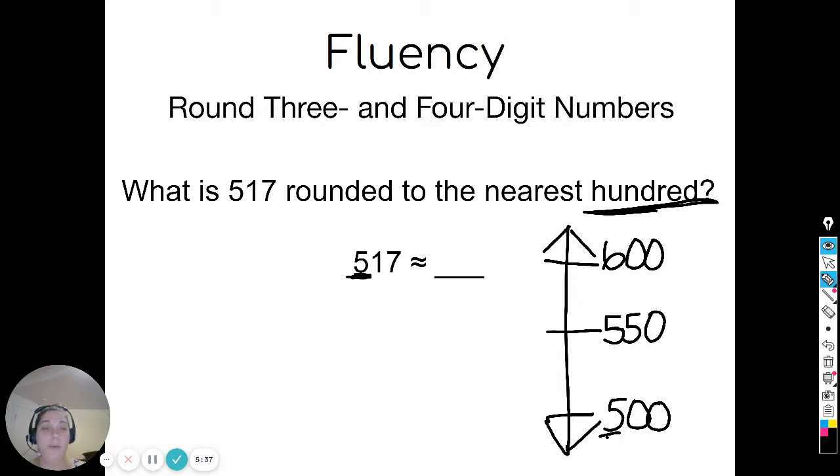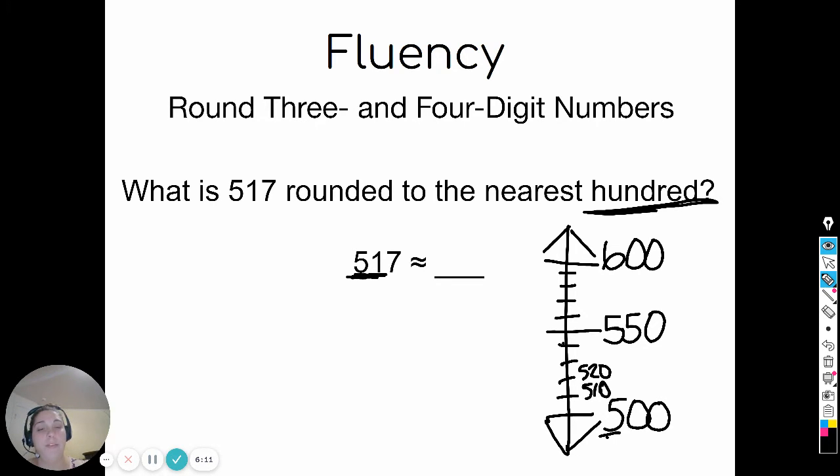Now I need to figure out where 517 is. Okay, so I'll be looking for 51 tens, which is 510. 500, 510, 520, 530, 540, 550, 560, 570, 580, 590, 600.